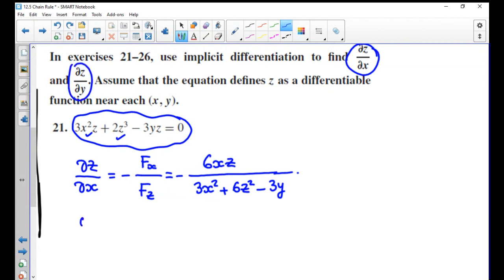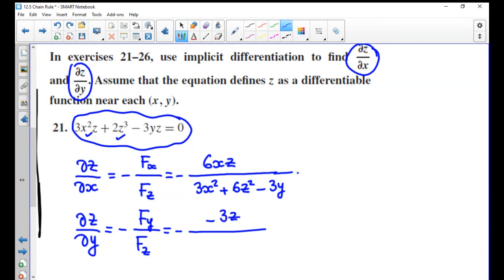We can also calculate dz over dy. It's minus fy over fz. So it's going to be minus the derivative of the function with respect to y, which is minus 3z.